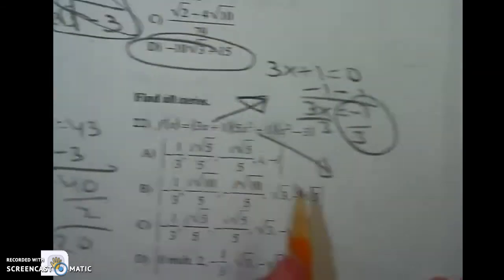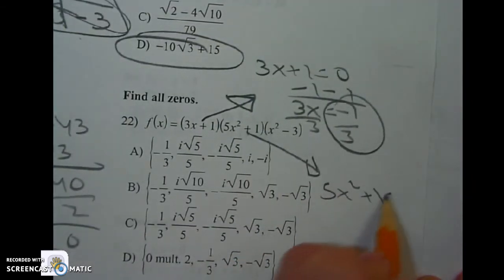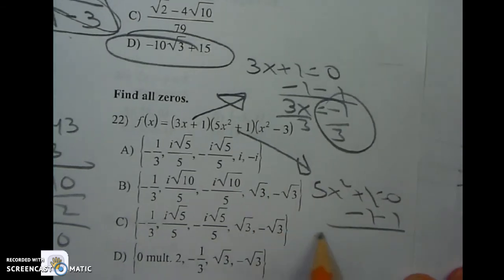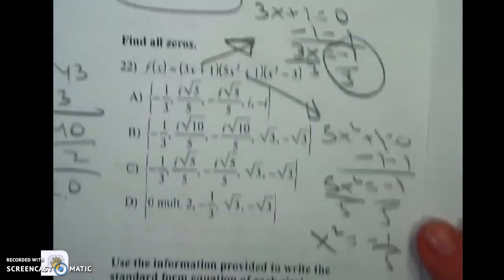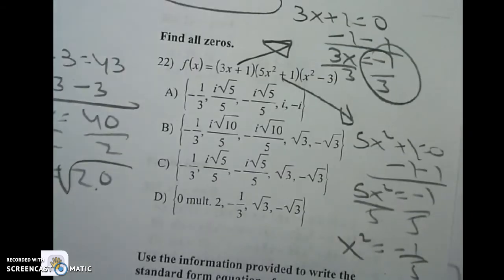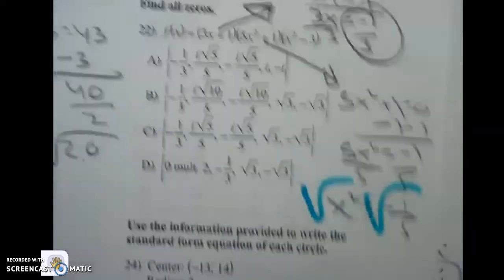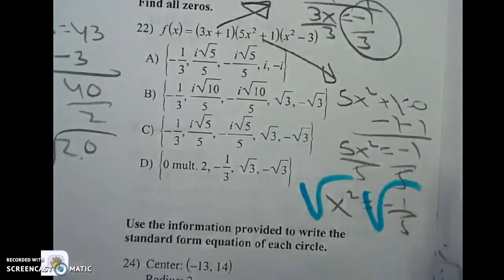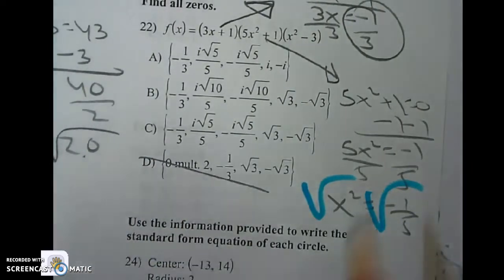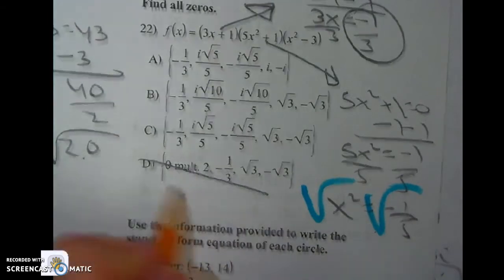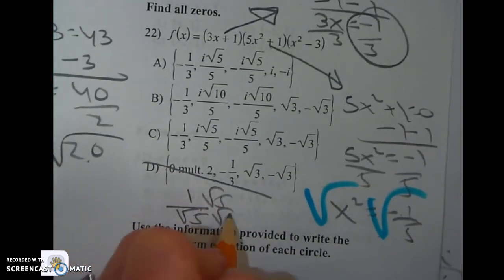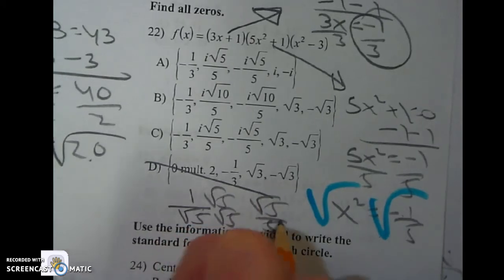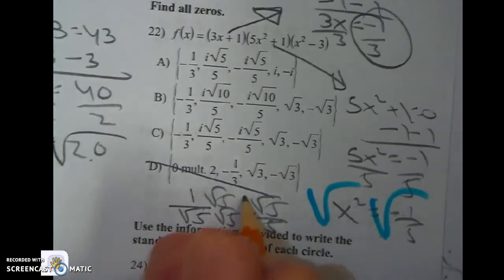If I set this equal to 0, this is a little bit more complex. Minus 1, 5x squared equals negative 1, divide by 5. This one's a little bit of a workout because when you square root, you're going to get imaginaries. So that means that I know that one's out. So the square root of 1 is 1, and the square root of 5 is the square root of 5. You can't have a radical in the denominator, so it's rad 5 over 5, but the negative means it's imaginary.